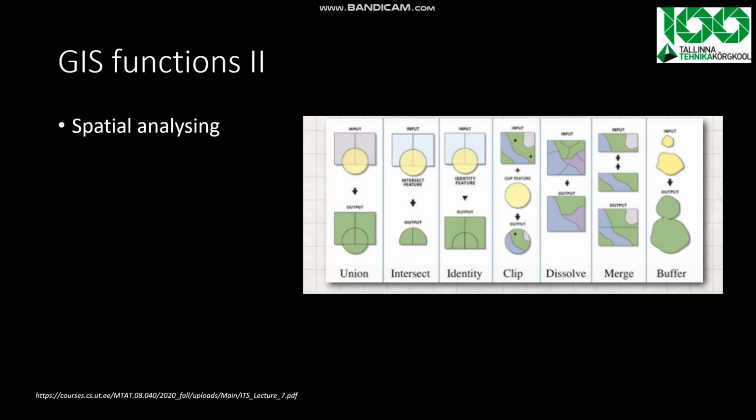So the second GIS function is spatial analysis, and you will see how different spatial analyses are made and what the outputs are. A very good example is when we have one layer, a huge map with different parts of land use maybe, and we want to cut out one circle from it with the clip algorithm.